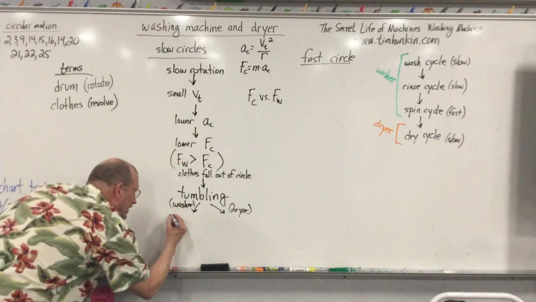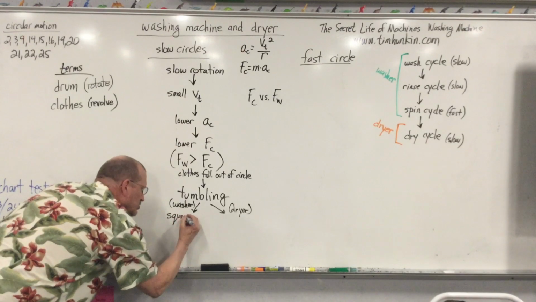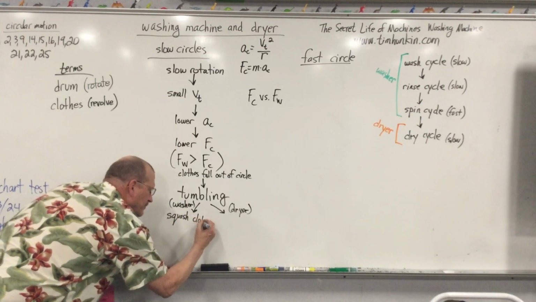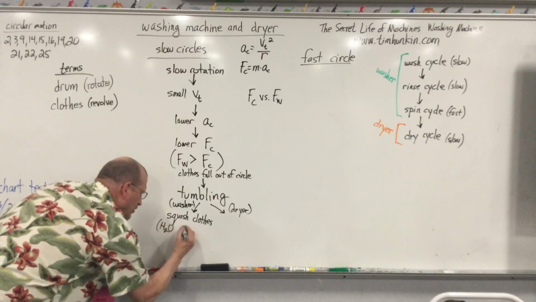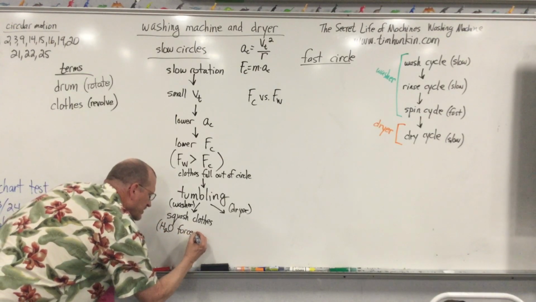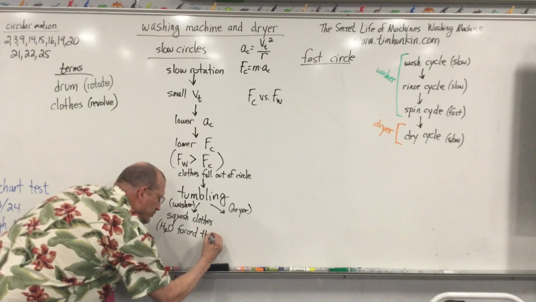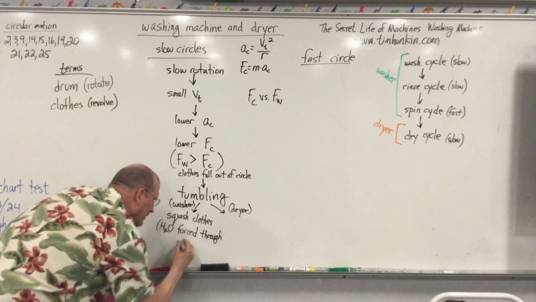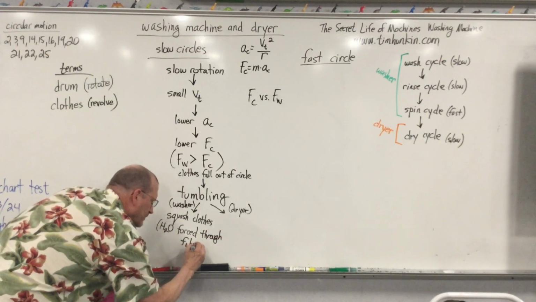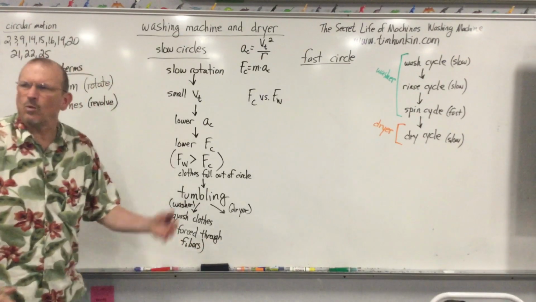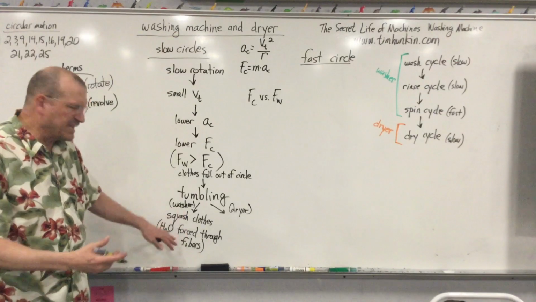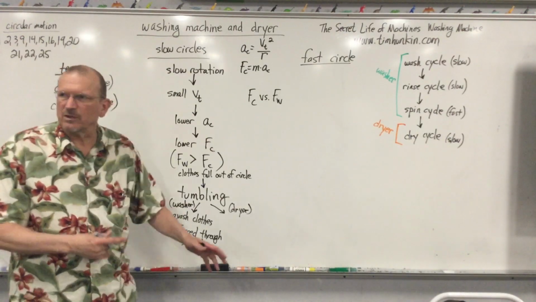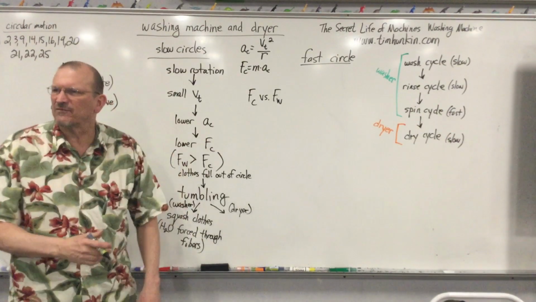So here we want squash clothes, and then we could put H2O forced through fibers. And if it's in the wash cycle, we also have some detergent to get rid of dirt, but then in the rinse cycle, it's to flush anything left from the wash cycle.